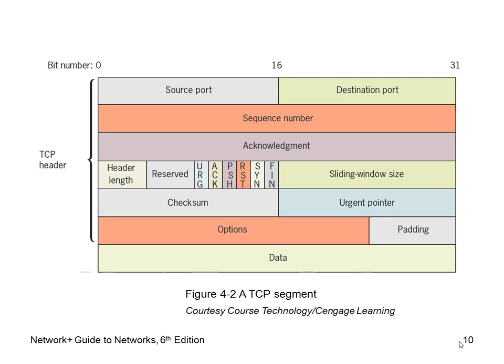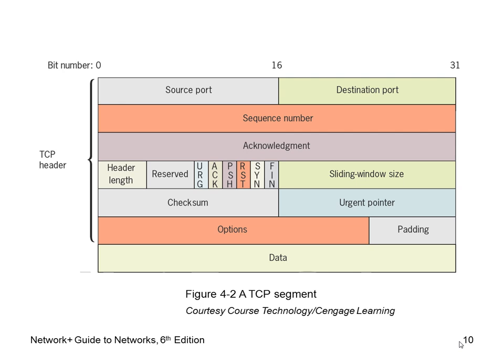Here's our TCP segment. We have a source port and destination port: where did it come from, where is it going to, port-wise. Then we have the sequence number and the acknowledgement number. We're going to see examples of those in a second. We have the length, and a reserved area, which never did get used. There are a bunch of flags: urgent, acknowledgement, push, reset, SYN, or FIN, which is finish.